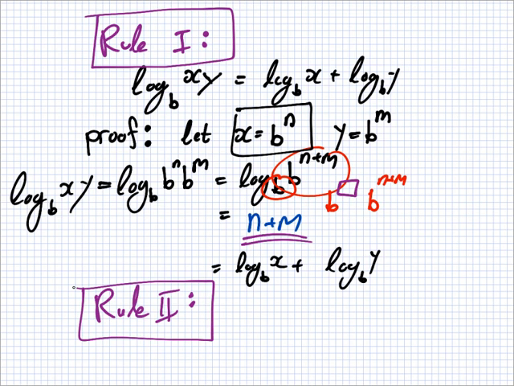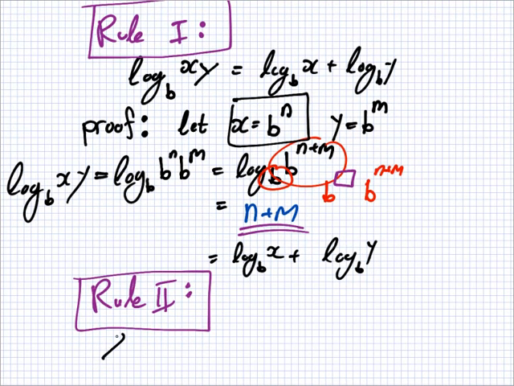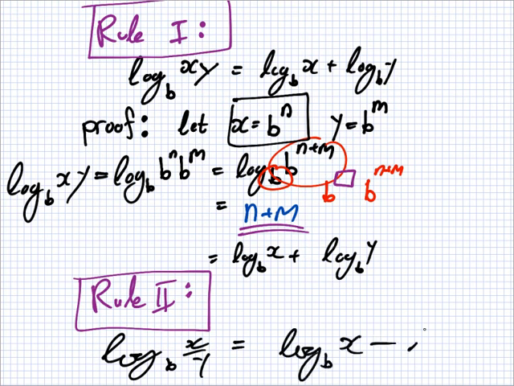Okay, the next rule, I'll just write it down. I think it's a rule you might already know. Log_b (x over y) is equal to log_b x minus log_b y. And the proof is nearly the same. So if I go back to my first proof, all I do, instead of x times y, it's x divided by y. I want to prove that it's equal to minus here. So it's the same thing, b^n, b^m.